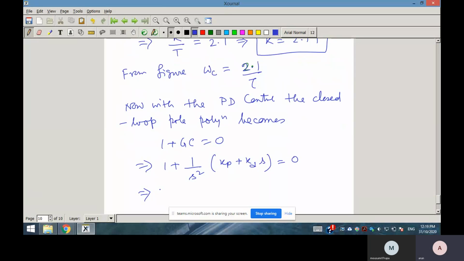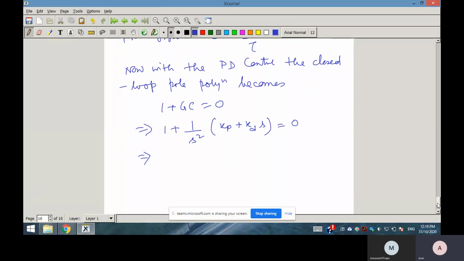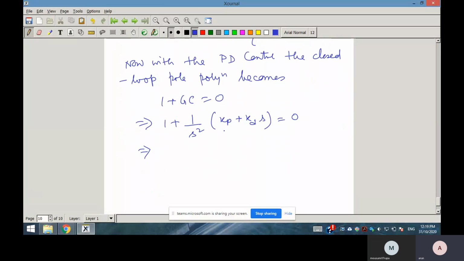All the PD controllers, PID control, all these things I will teach in detail later. But I think you know this one: Kp plus Kds is the PD controller transfer function. So this will be S square plus Kds plus Kp equal to 0.